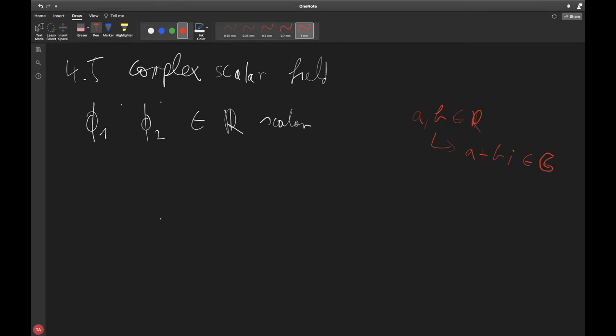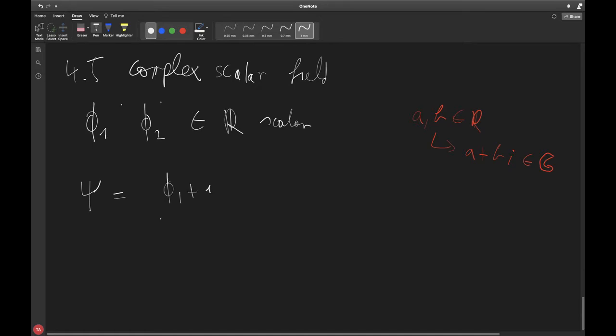In the same way, we will introduce psi to be a complex field, which is phi1 plus I times phi2, and we will actually add an extra factor of 1 over the square root of 2, which is something we'll see later.